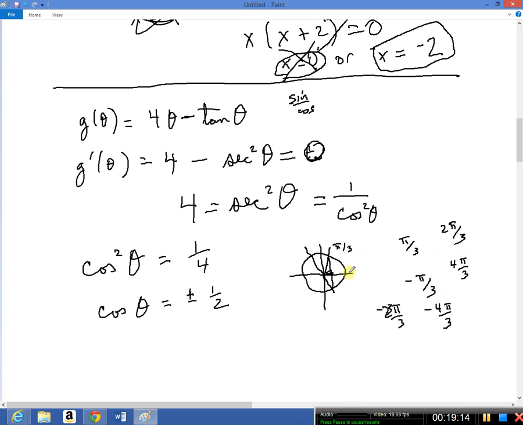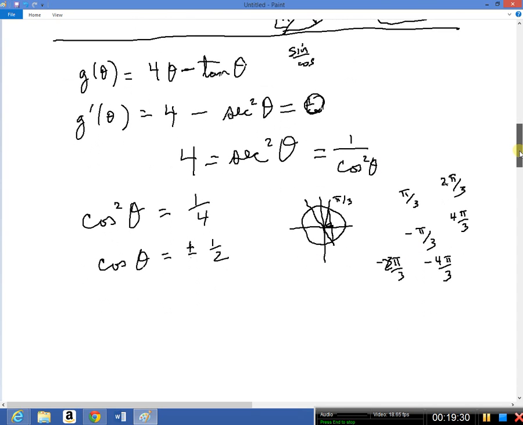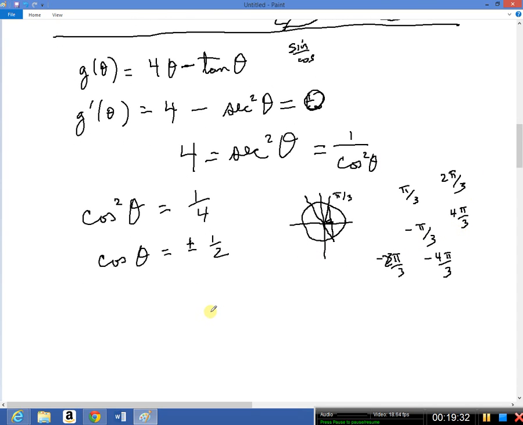The next one, let's go this way. If we count pi over 3, 2 pi over 3, 4, 5 pi over 3, the next one is going to be 7 pi over 3, 9 pi over 3. So there's a way to write all of that, but at this point it's not worth writing all of them. You can just say etc. So those are the places where the derivative is equal to 0.